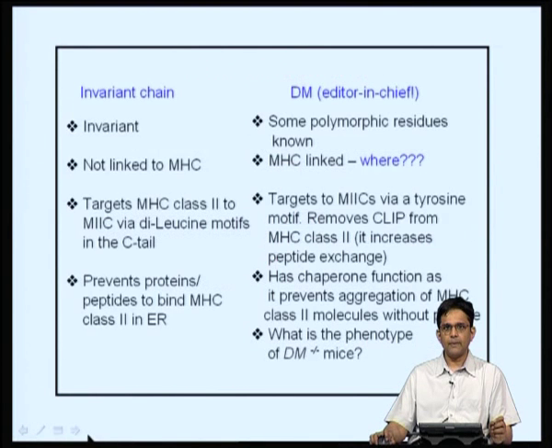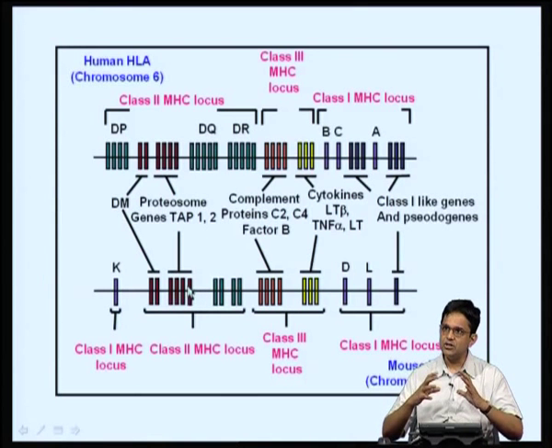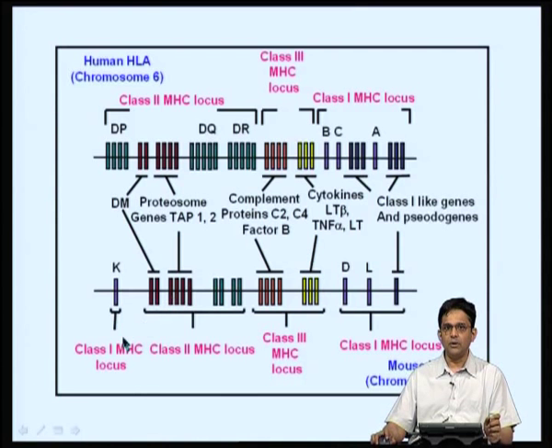This is the MHC class 2 region, and these are the proteasome genes, and this is DM. This part is located between DP and DQ, and over here between the K and the MHC class 2 locus, and you can see this is where DM is, and this is where the proteasome and TAP genes are. So it is right in the cluster of those 7 genes that were found.